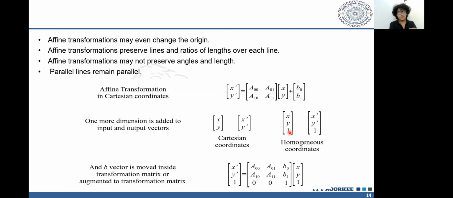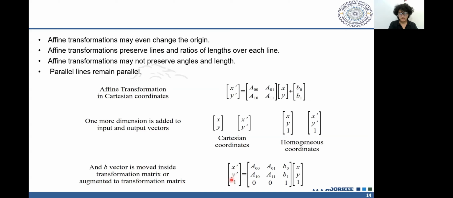After that, the linearly transformed image can be represented in the 2D plane. In this way, affine transformation can be represented as linear transformation.